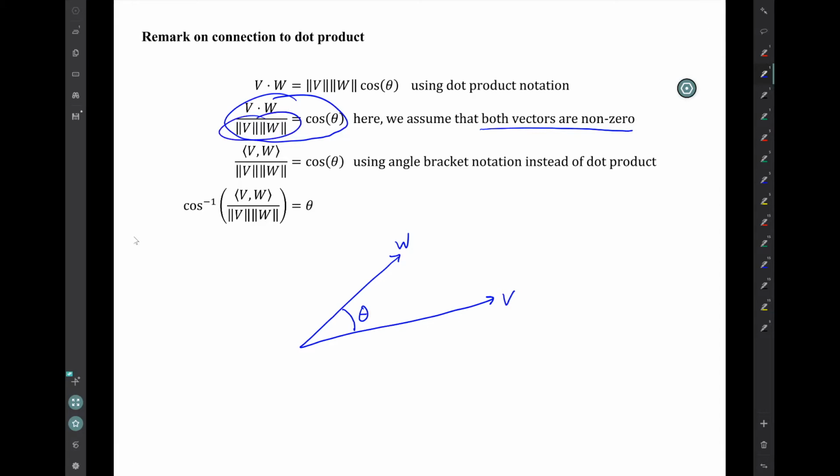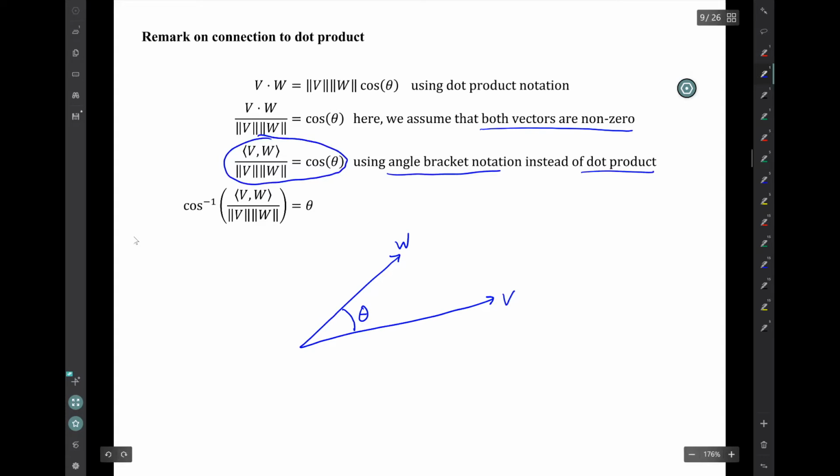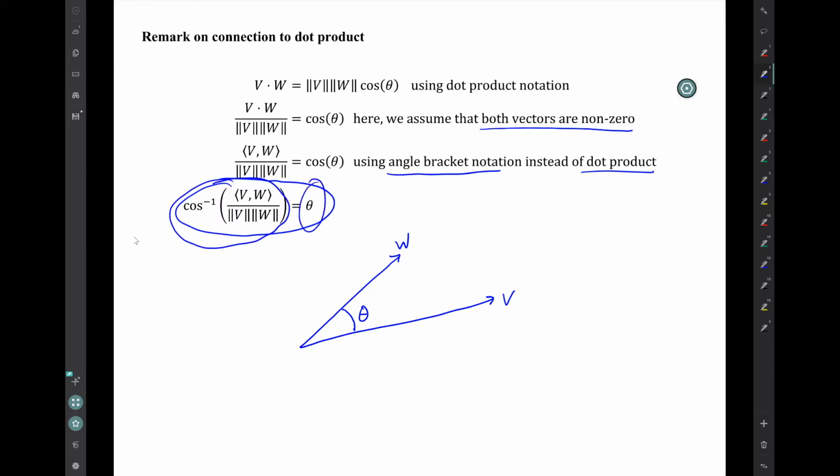But that's okay, because we'll be using this in calculations where we're talking about angles, and those vectors will be non-zero. Now if we use the angle bracket notation instead of the dot product, we get this new equation. That thing in the numerator we now call the inner product of v and w, or bracket v comma w. And then finally, if we take a cos inverse of both sides, we get this new equation. So we see that this thing on the left is a calculation that results in an angle, or an angle measure.